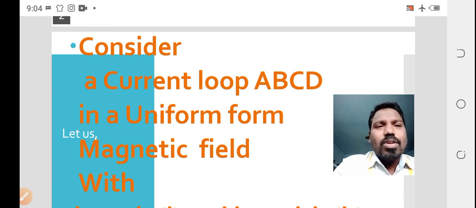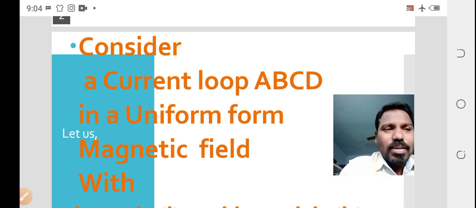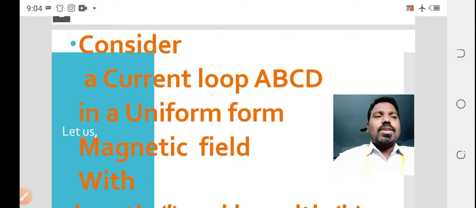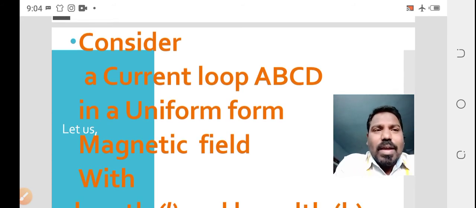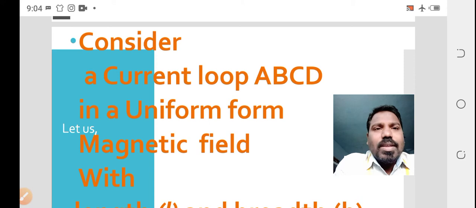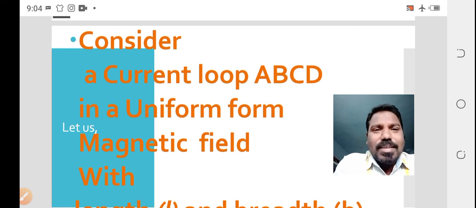So a current loop ABCD is placed in a uniform magnetic field. In a uniform magnetic field, we placed a current loop which is named ABCD.